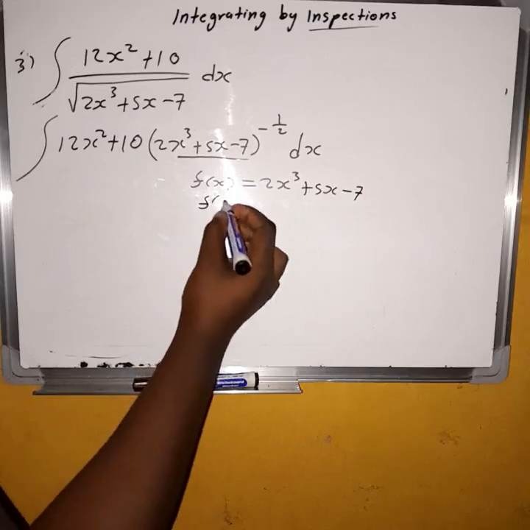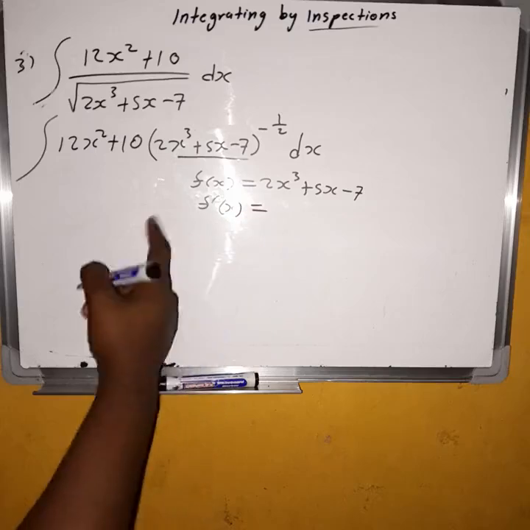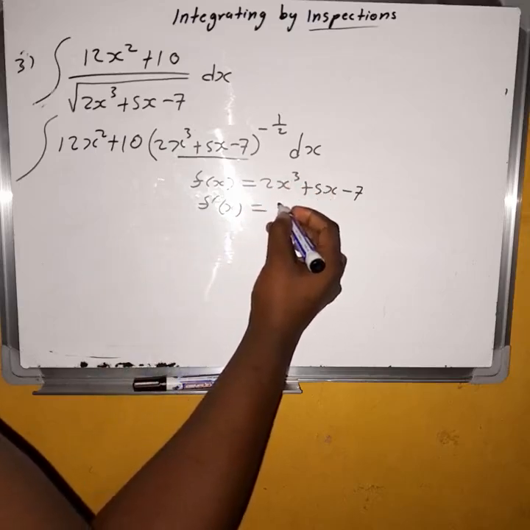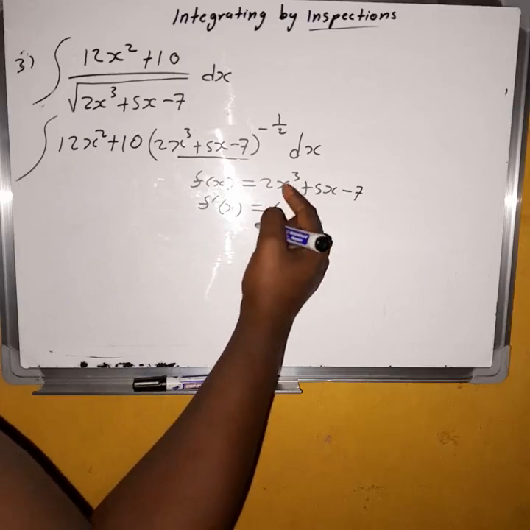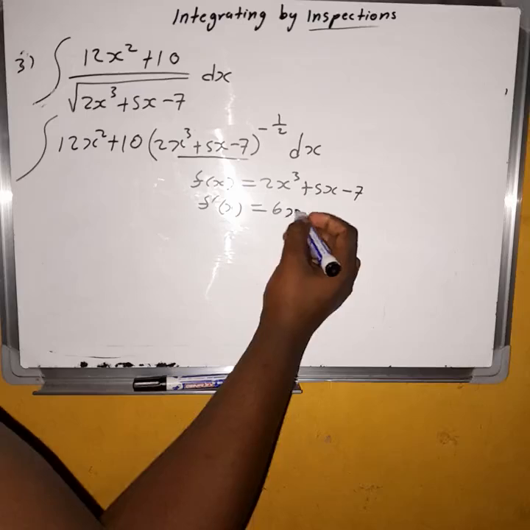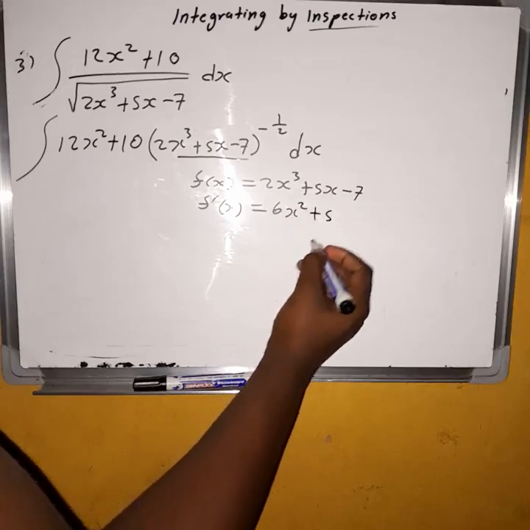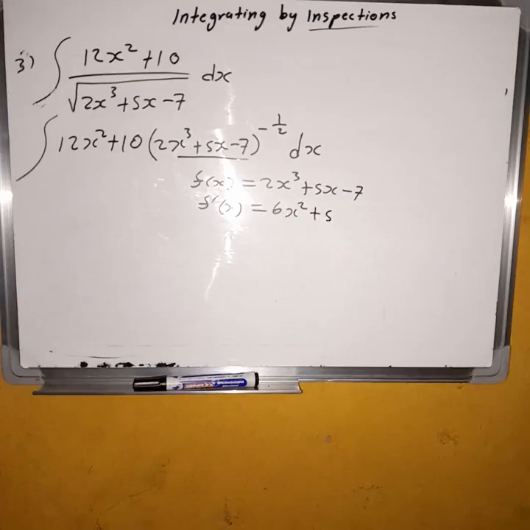Then we differentiate this, drop the exponents, will be 6x, then x subtract 1 is x squared, plus 5, right?